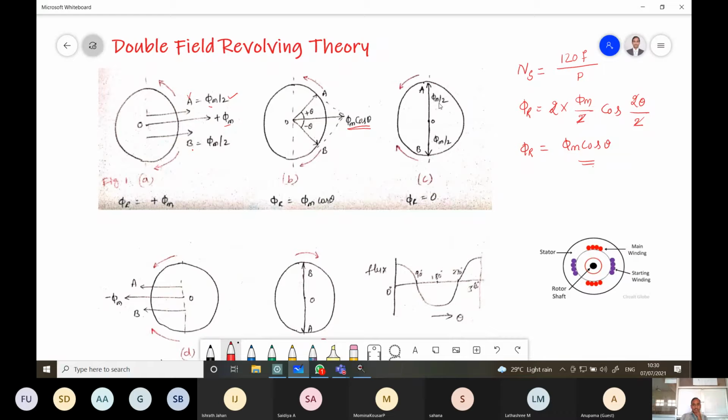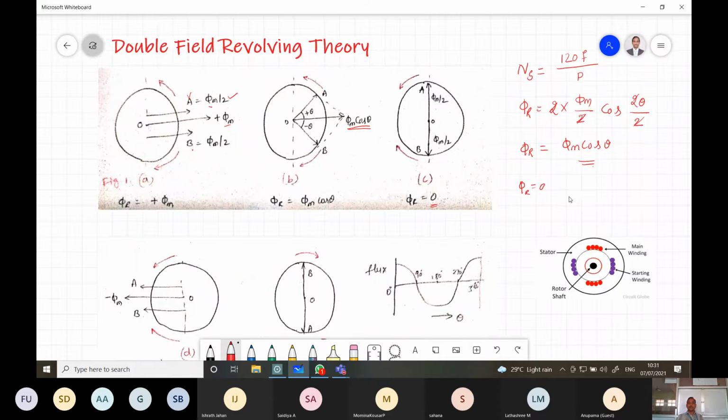A is phi m by 2 and B is also phi m by 2. So what about the resultant here? In this case, phi r becomes 0 because both are exactly equal and opposite.